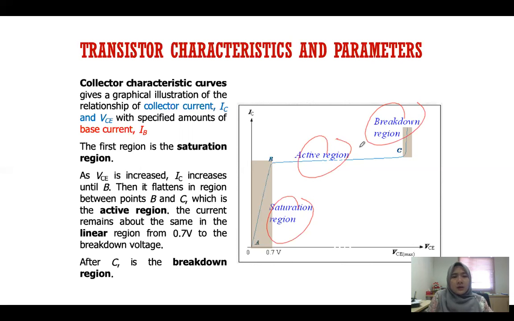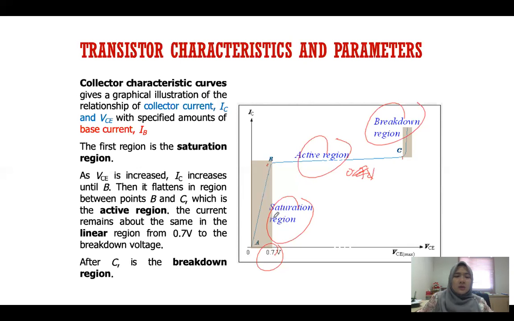As VCE is increased, IC increases until B. Then it flattens. From B to C, the graph flattens, which is the active region. The current remains about the same in the linear region from 0.7 volt to the breakdown voltage. This is 0.7 volt.